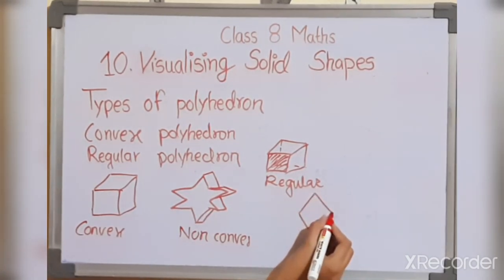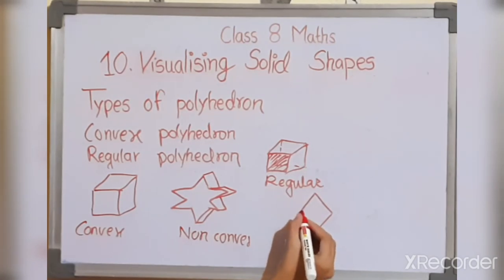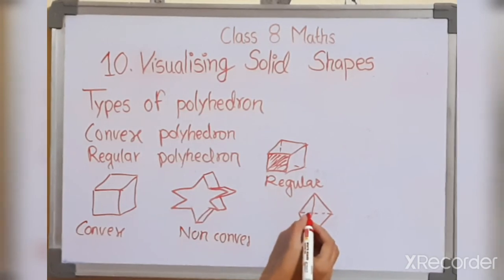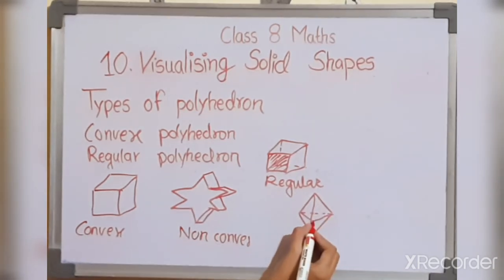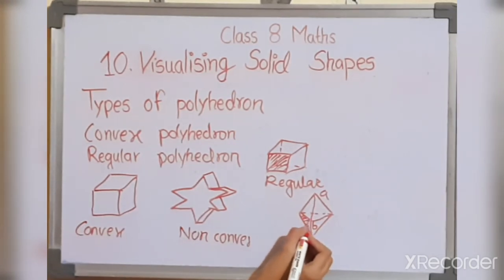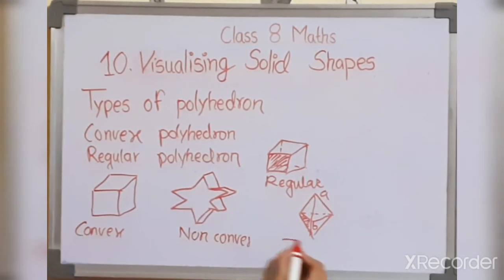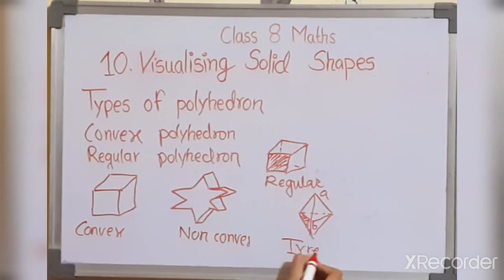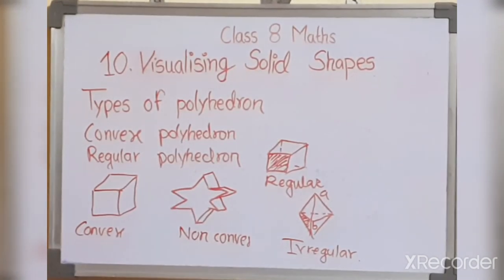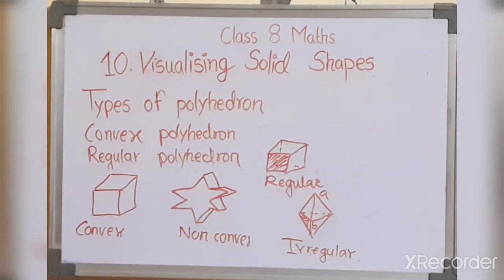That is this type of figure. Here it is named as B, here it is A, and this side it is like this. So this is an irregular polyhedron. Now these polyhedrons are divided into two categories, that is prism and pyramid.